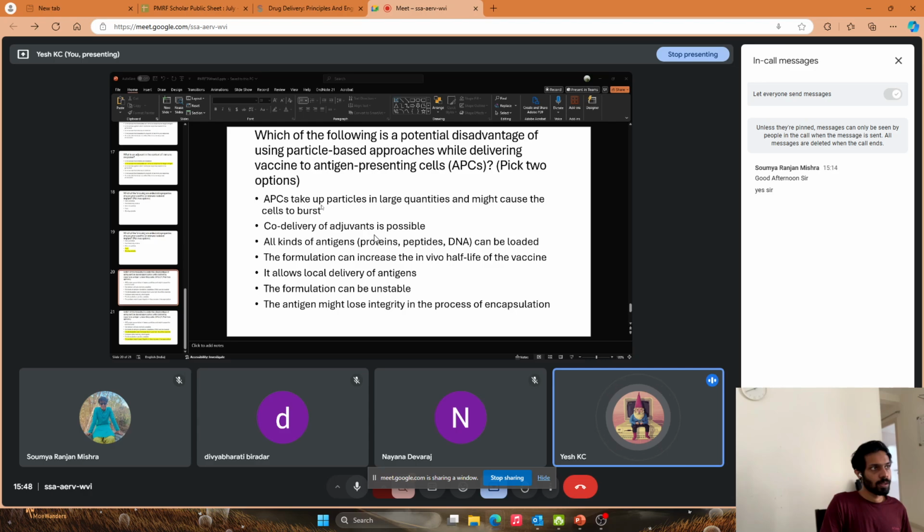Like the Covishield vaccine, I guess, one of the vaccines that was given in India, they used a virus, some chimpanzee adenovirus. Now, what you can do is take this virus, remove all the disease causing genes, and put whatever gene you want into the virus. You will not remove the infectivity of the virus, and you can put it in the body and it will start infecting wherever it normally would.